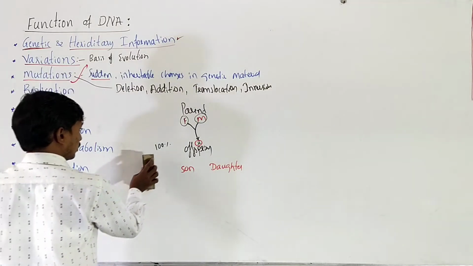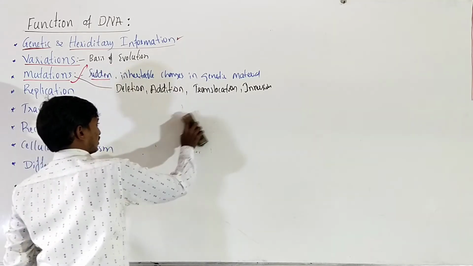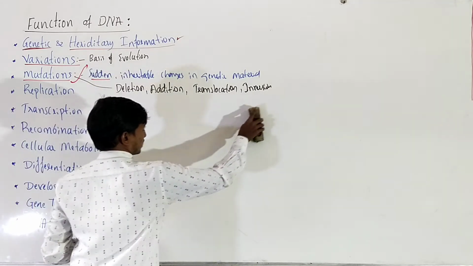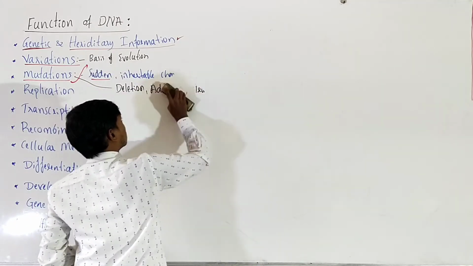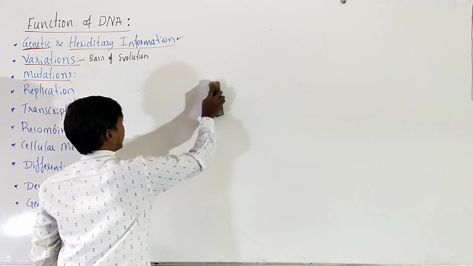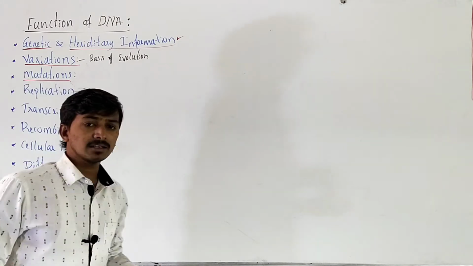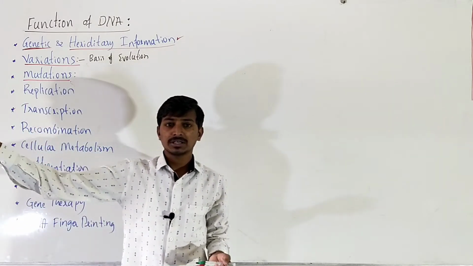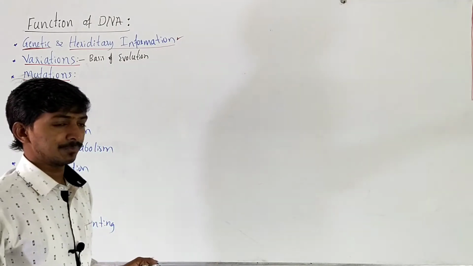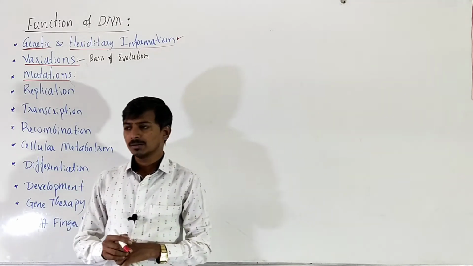It is because of changes in the replication process, or any mistakes or errors in the replication process. Sometimes along with the internal factors, changes in environmental factors like high temperature or harmful chemicals also lead to mutations.